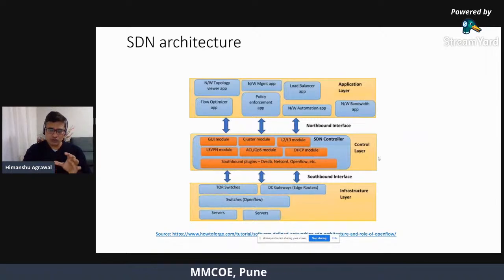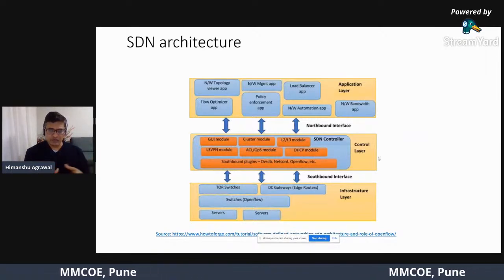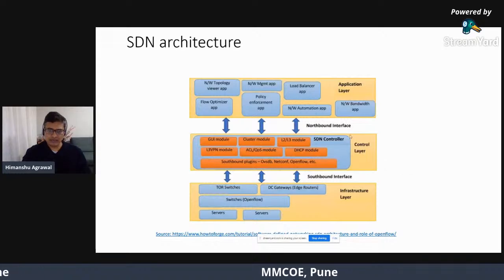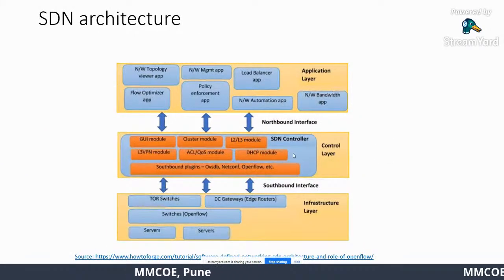So this slide gives you a detailed view of what you have inside this SDN controller, various modules. You can see that I have got my plugins to this southbound interface. The terminology we use here is a northbound interface to connect my SDN controller to the application layer, and southbound interface to connect my SDN controller with the infrastructure layer, where I have all my networking devices, such as you can see I have got my OpenFlow.